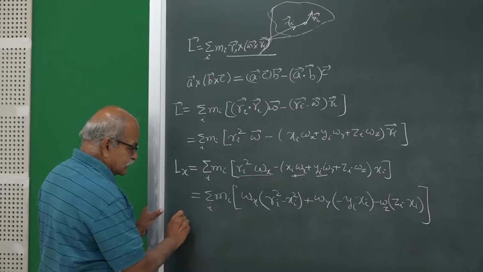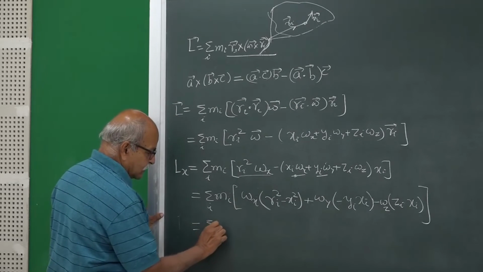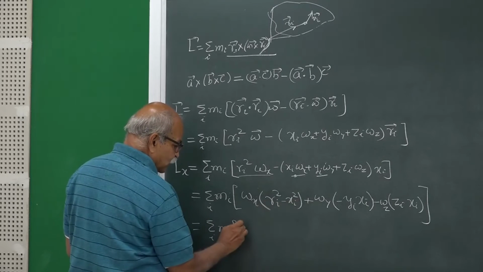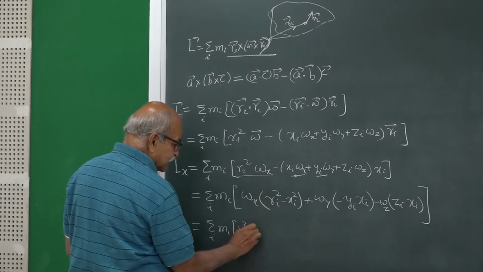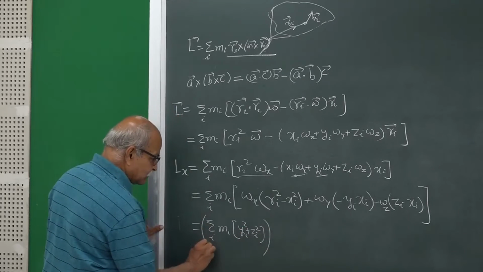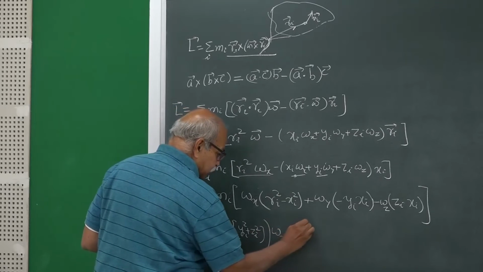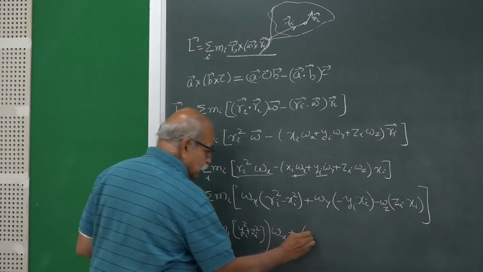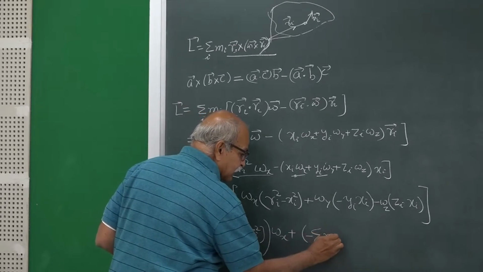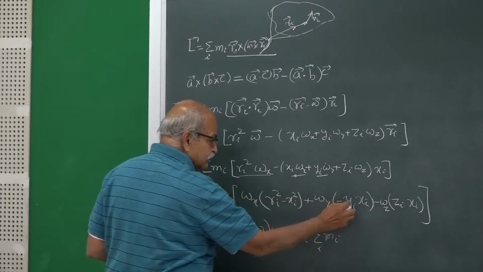Alright. So, L_x is equal to summation over i m_i, and then this is y_i square plus z_i square, this is one part into omega_x, then plus the omega_y part. So, summation over i minus m_i, minus I have written, and then y_i x_i.